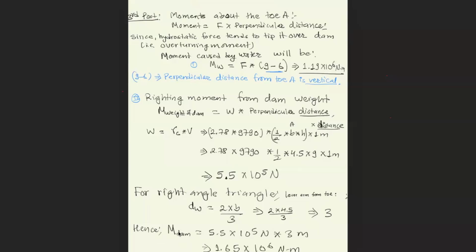So hence, the moment at the dam caused by the weight of the dam will be 5.5 × 10^5 Newton times 3 meter, which gives us 1.65 × 10^6 Newton meter.